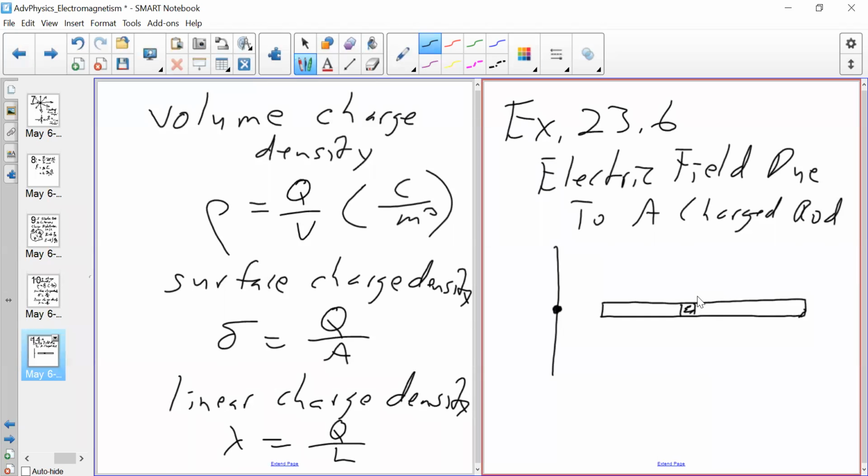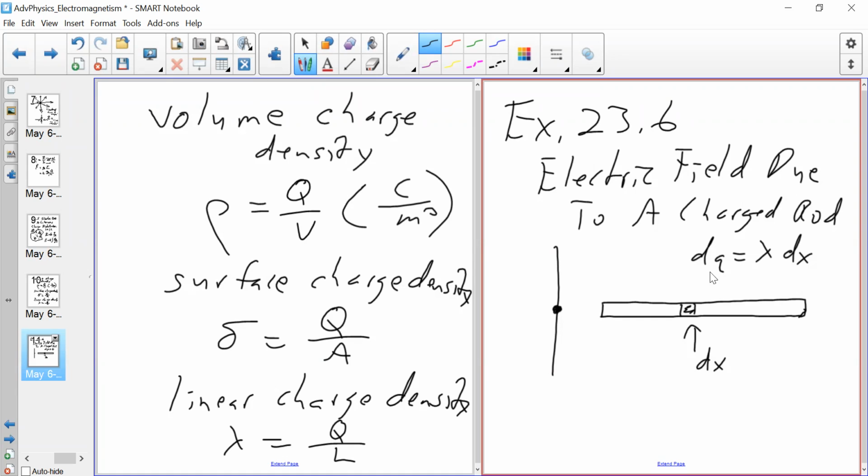Each one of these parts is going to have its own little charge. So this dx, in terms of integration, will be related to its dq, because we know that lambda is dq over dl, the entire length, q over L. But at this point, we're not looking at the entire L, we're looking at a piece of L. So dq is lambda dx.